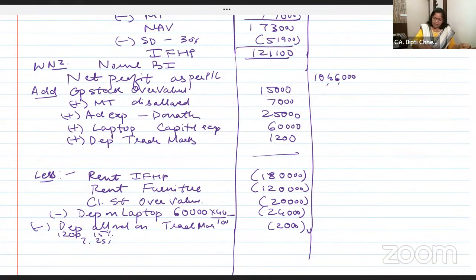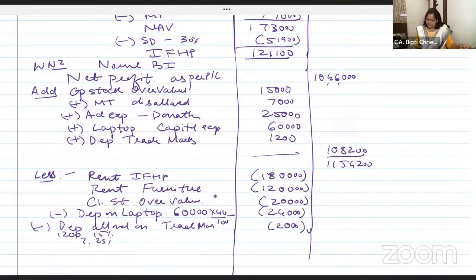15,000 plus 7,000 plus 25,000 plus 60,000 plus 1,200 is 1,08,200. Add this to 10,46,000, giving 11,54,200, and minus 3,46,000 (1,80,000 plus 1,20,000 and so on). You all are calculating or not?